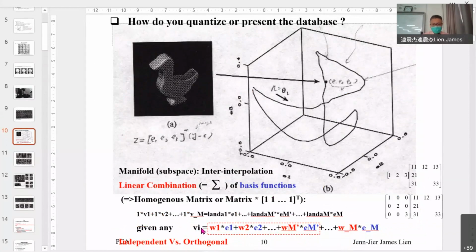For any image, you can become like a projection weight and only keep the first seven projection weights, and the others you don't need.